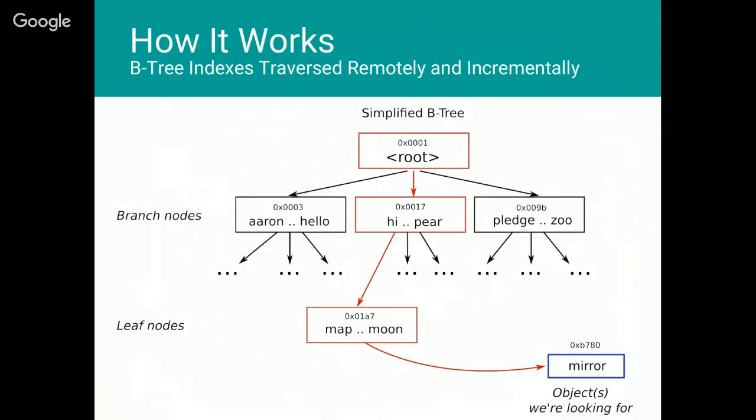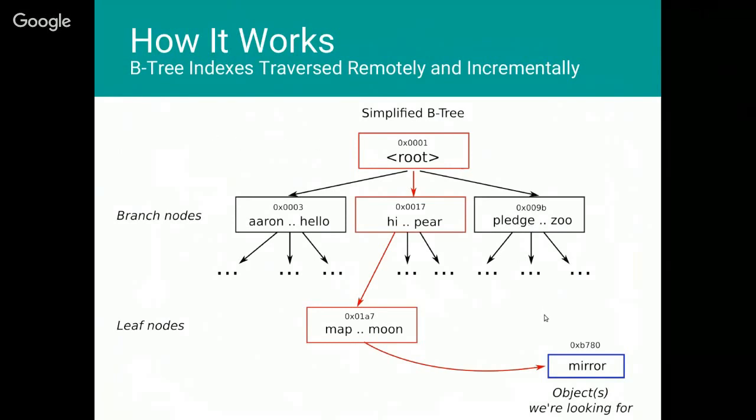So when a client tries to find something, it actually traverses the B trees by downloading its buckets to the client and decrypting and figuring out which buckets to request next.